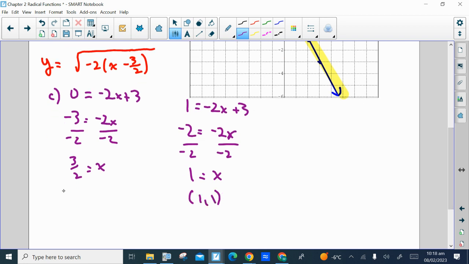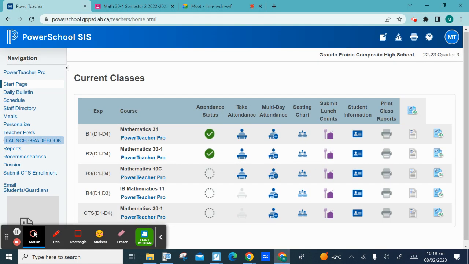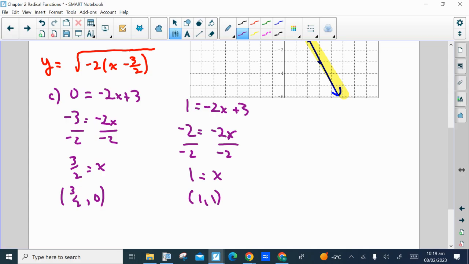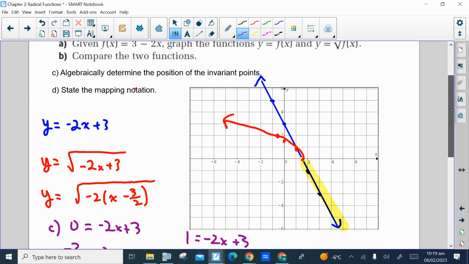So 1, 1 is one invariant point. 3/2, 0 is the second invariant point. So we found those points on the graph, and then we algebraically determined them just to confirm them. So there's our invariant points.